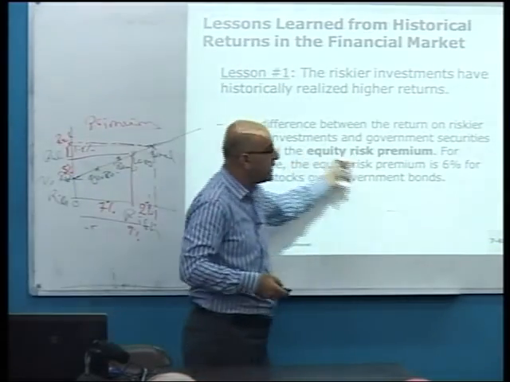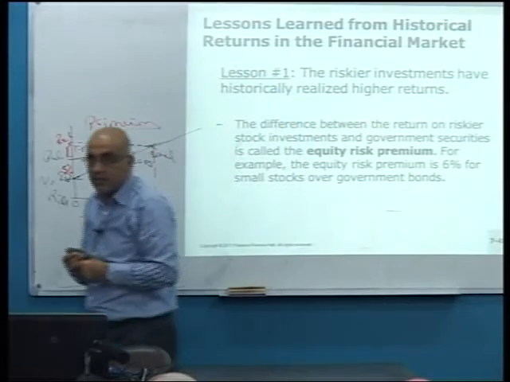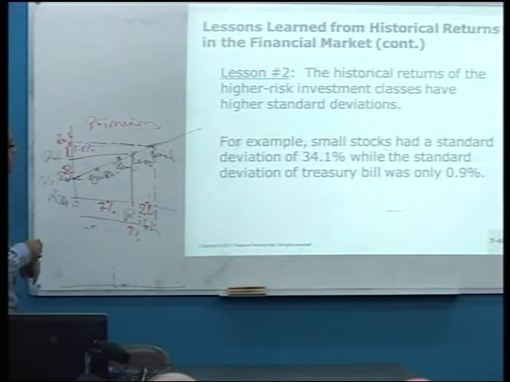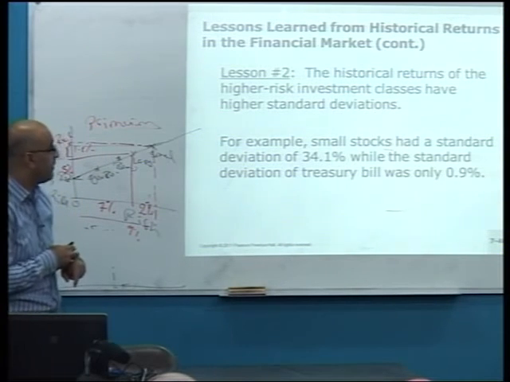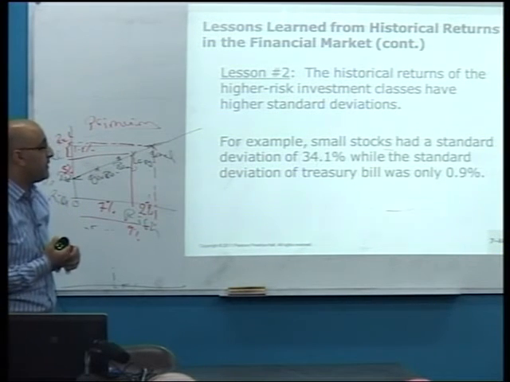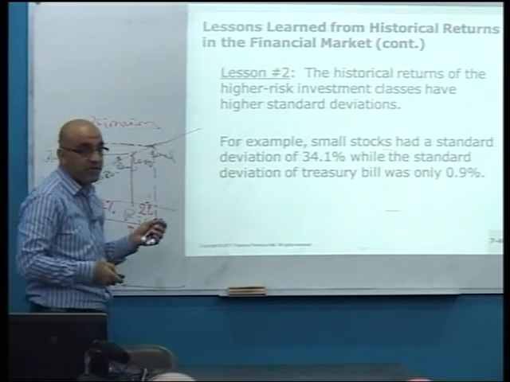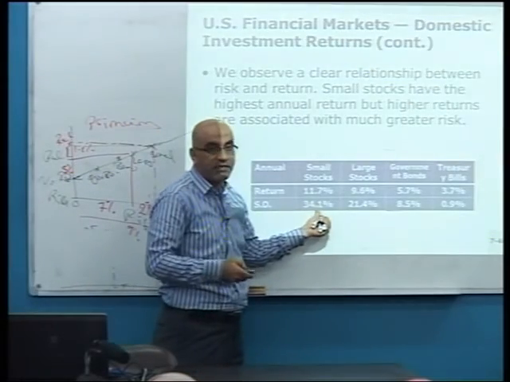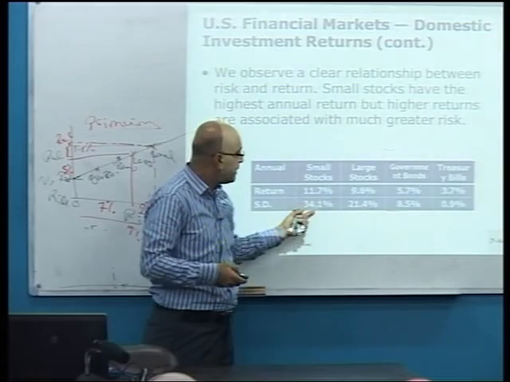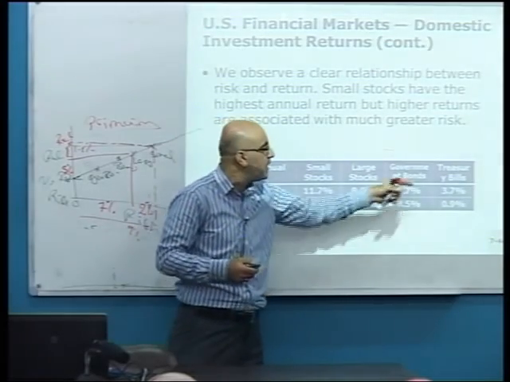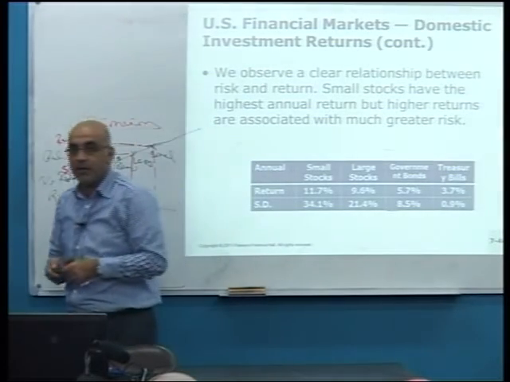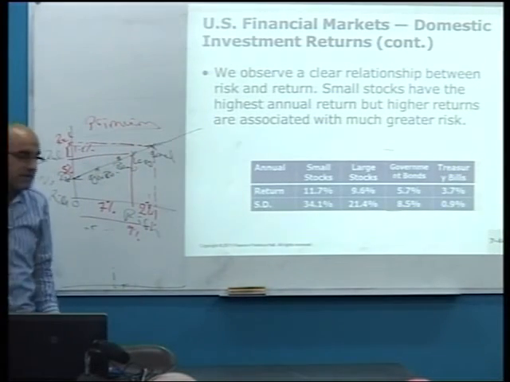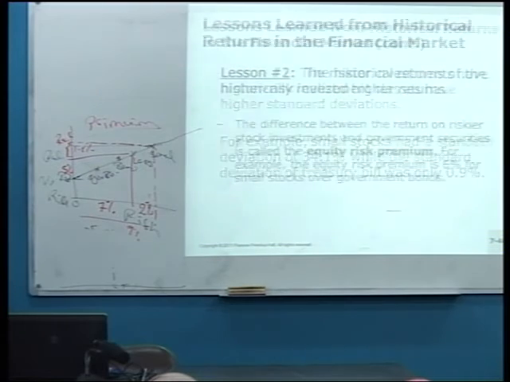So it's called the equity risk premium. Lesson 2: the historical returns of the higher risk investment classes have higher standard deviation. So look at the standard deviation at the bottom. The standard deviation is higher for the small stocks than for the treasury bills. And again, the standard deviation is the measure of risk.